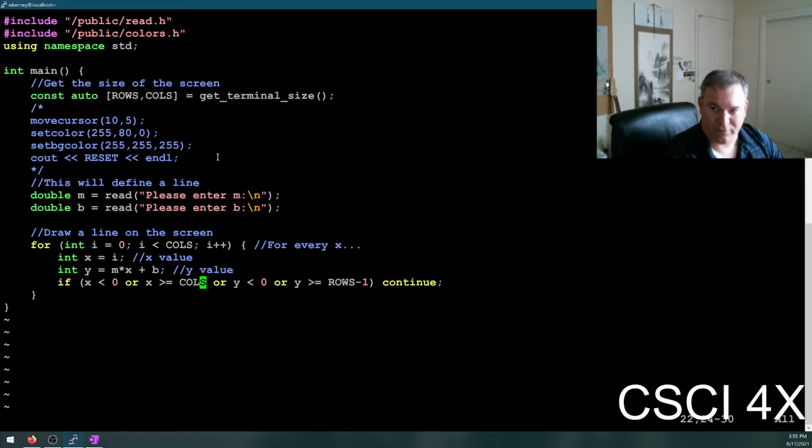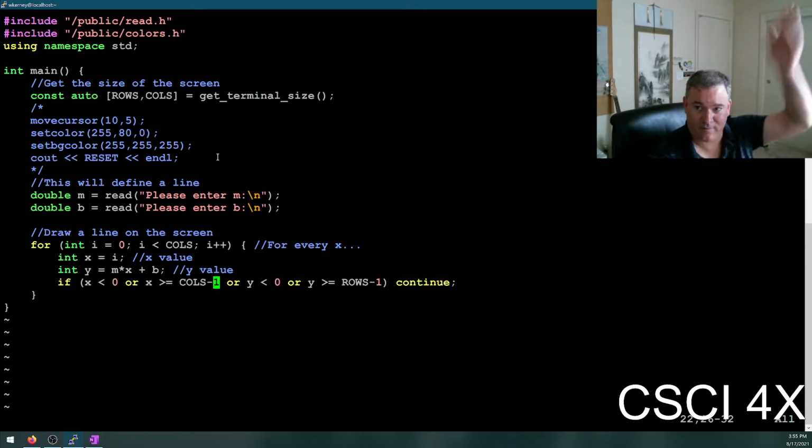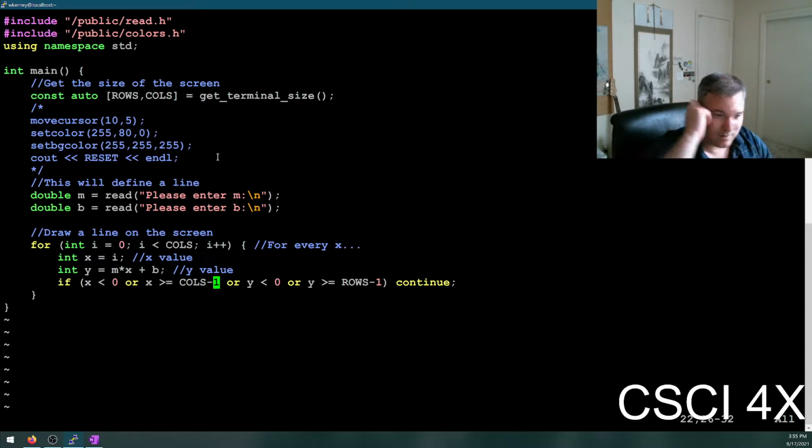Because if you draw off the right side, it wraps around to the next side, so we'll cut it in a little bit. If x is less than 0, or it's gone off the right side, or y is less than 0, or y is off the bottom side, don't draw anything.